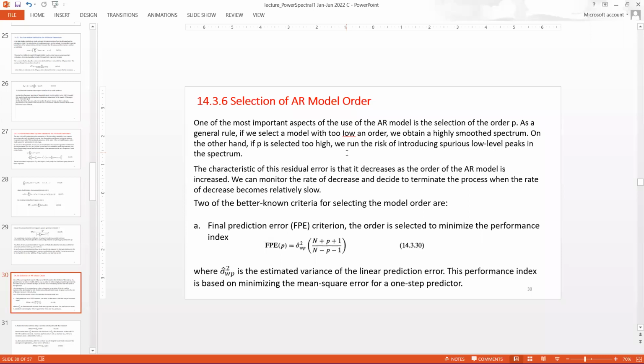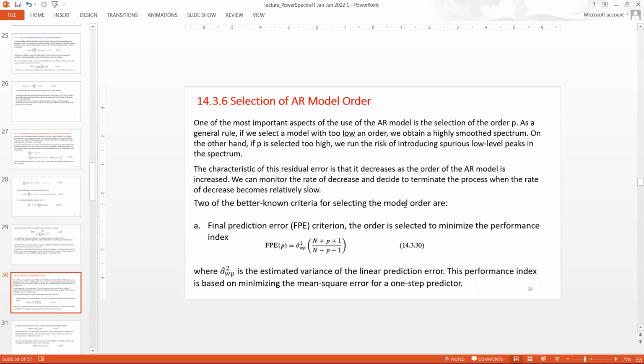AR এর জন্য আমাদের হলো P, ভ্যালু অফ P কত হবে? তো এই ভ্যালুটা কত হবে তার একটা, there are two better known criteria for selecting the model order. এই মডেল P খুব বেশি বড় নিলেও হবে না, আবার একদম কম নিলেও হবে না। কম নিলে এটা খুব স্মুথ হয়ে যাবে এবং এটার কনসিস্টেন্সি থাকবে না। আবার যদি খুব বড় নেই তাহলে দেখা যাবে যে there will be some lags, there will be some intermittent maximum minima.